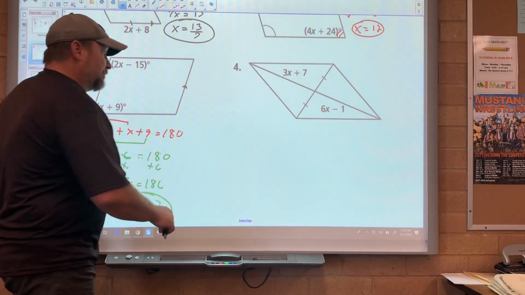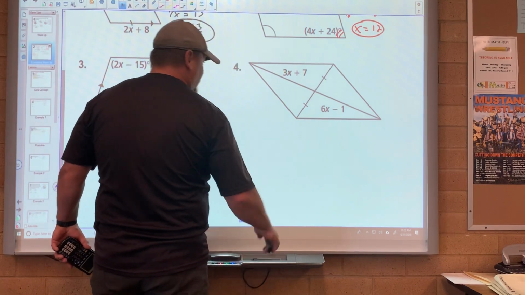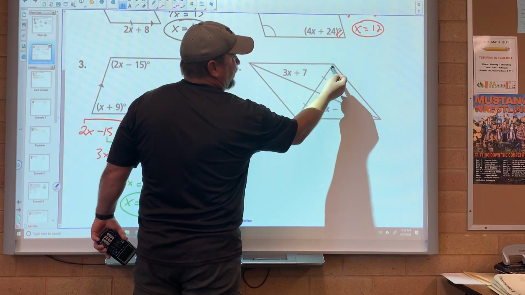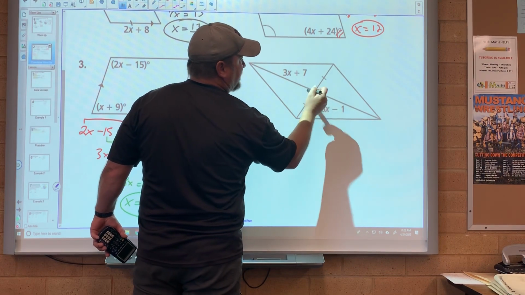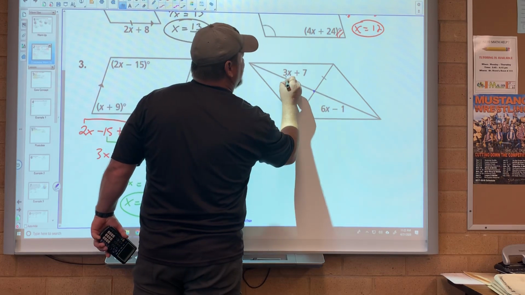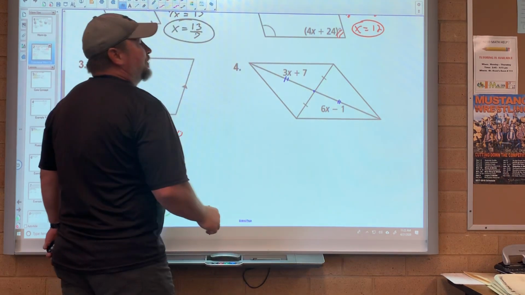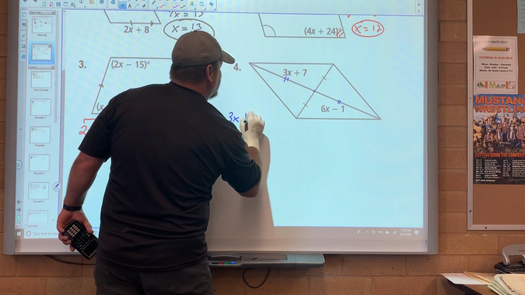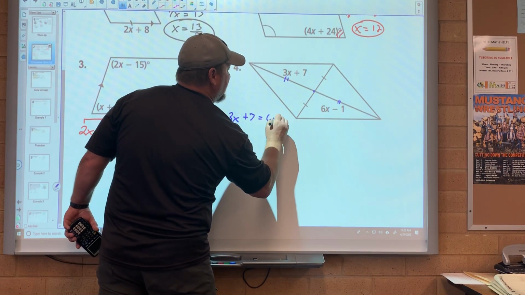All right, well, the diagonals on a parallelogram bisect each other, meaning they're trying to show you that one bisected at that point. So this point right here is the middle. Well, it's the middle of this and this too, so 2 marks and 2 marks. So now we'll be able to set this equal to this. 3x plus 7 equals 6x minus 1.